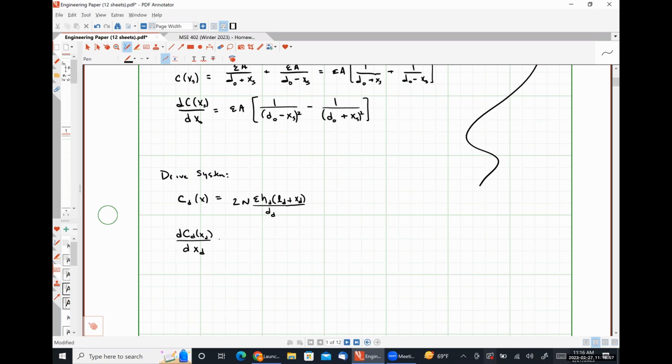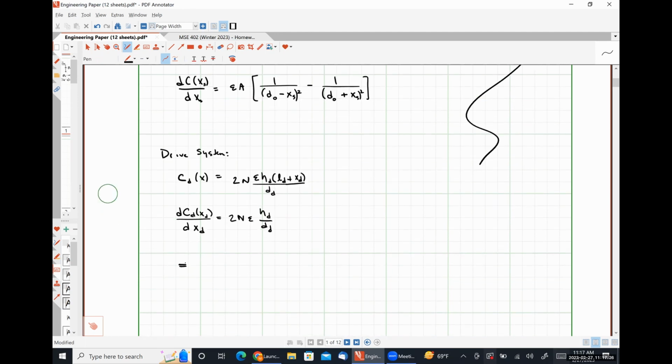So if we take the derivative of this, that's just going to be twice N epsilon H_D over D_D, because the derivative of x_D with respect to x_D is just 1.